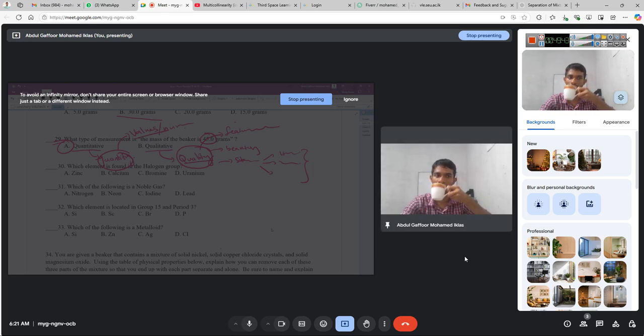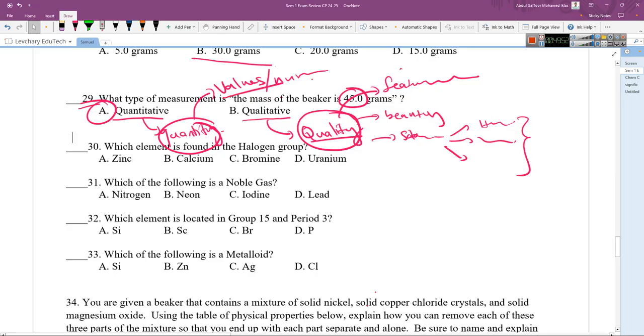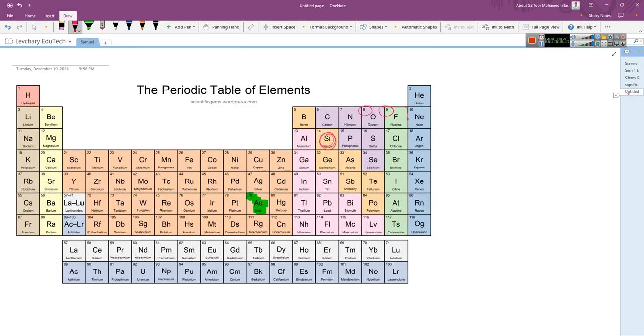Is it bromine? Okay. So you can look at the periodic table. So what's the answer? Bromine. Fine. So the halogen group are the group 17 elements, right? If you go to the periodic table, all the elements in this group are called halogens. It comprises fluorine, chlorine, bromine, iodine, and astatine.